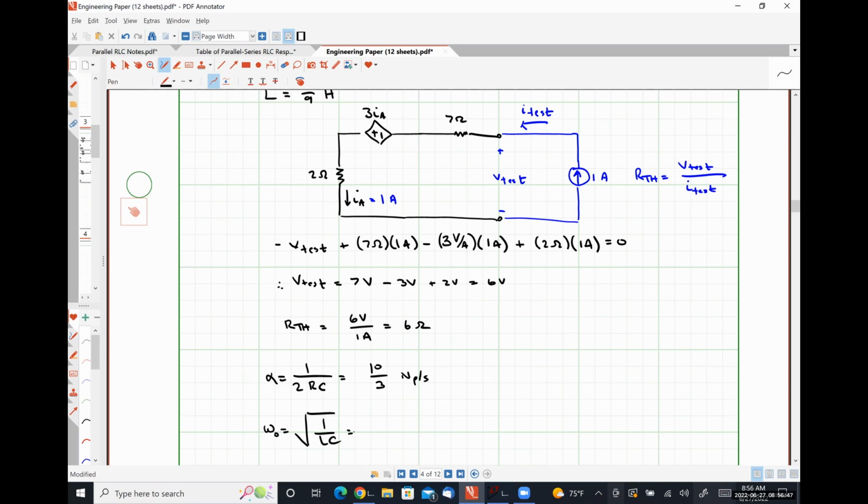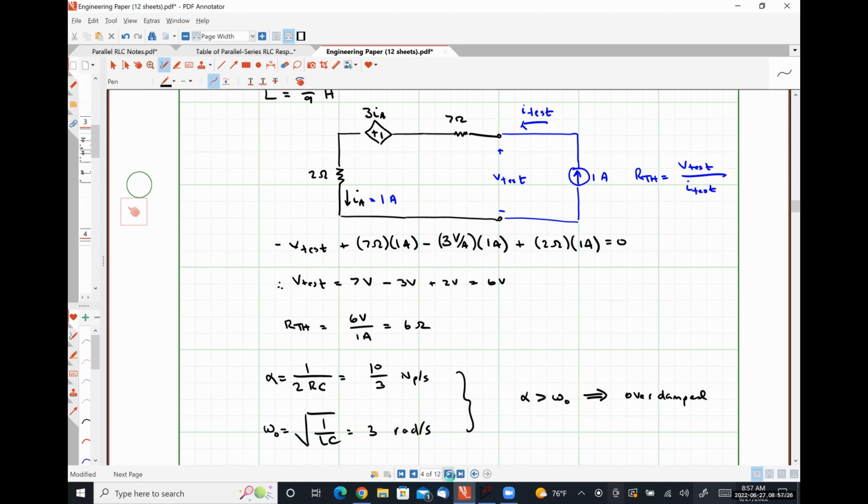L was 40 over 9, times 25 times 10 to the minus 3. So this comes out to be 3 radians per second. Since alpha is greater than omega naught, this circuit is overdamped. And from here, we'll simply go through and apply our overdamped relationships, right? We can treat this as if it were any parallel RLC circuit at this point.